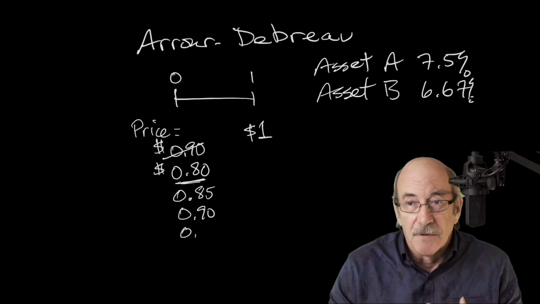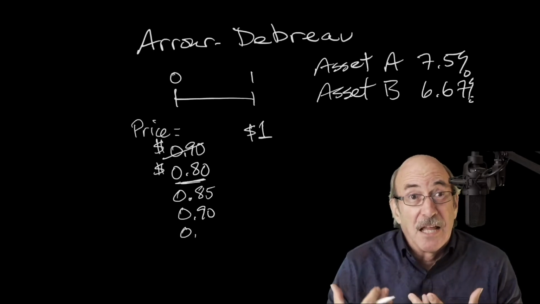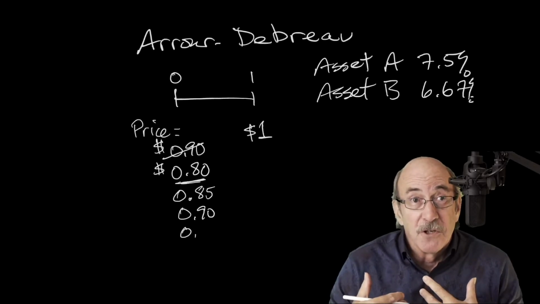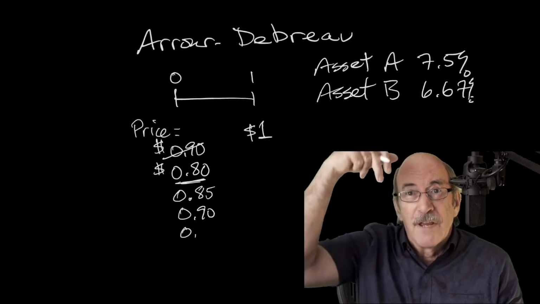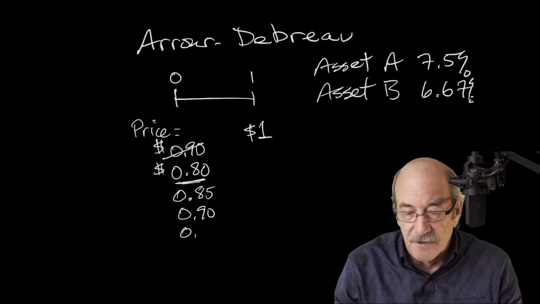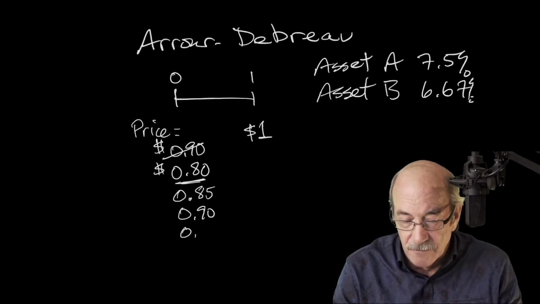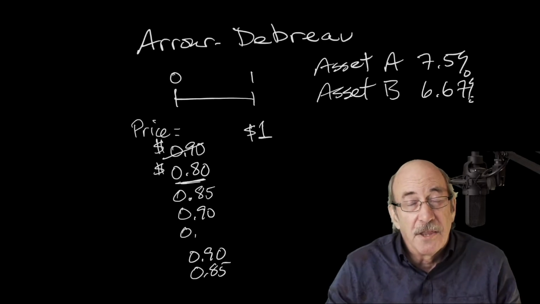You get the idea. Everybody's selling B if they own it, or maybe even shorting it if we had the ability to short. So that's driving down the price of B, from 90 cents down to 85 and so on. You get the idea there.